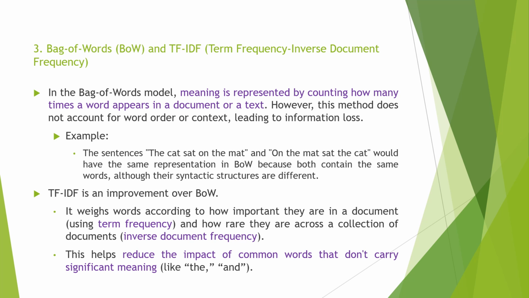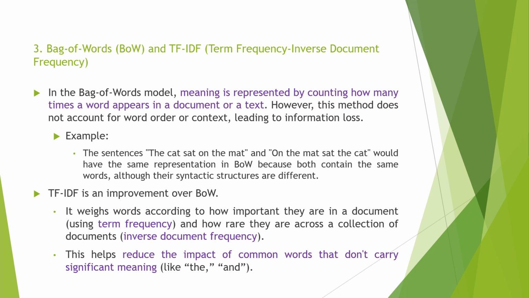And the next method is bag of words and term frequency inverse document frequency method. So bag of words method does not capture the word order or context. So there may be an information loss, and also here the meaning is represented by counting how many times a word appears in a document or a text.